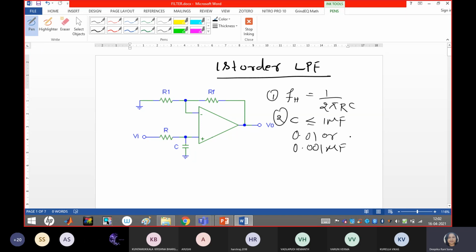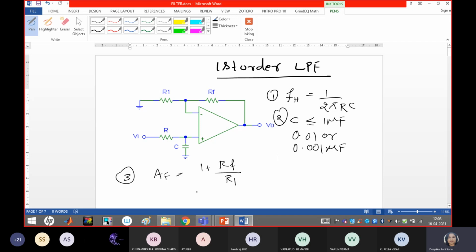Then the last step, you have to calculate RF and R1. From this equation you can calculate your RF and R1 values, because the passband gain is AF equal to 1 plus RF by R1. How do you calculate your voltage gain equation?